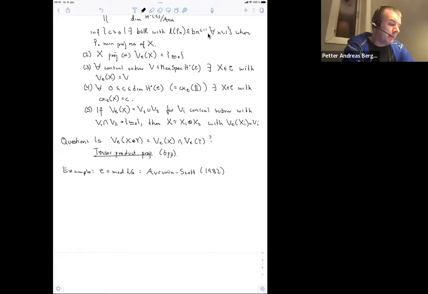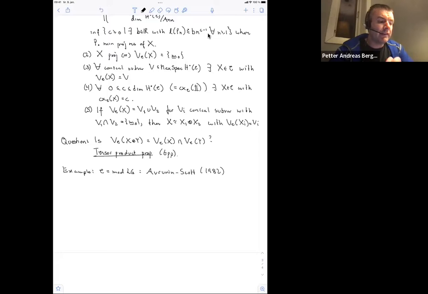So you can talk about support data in the sense of Paul Balmer, at least when C is a symmetric tensor category. What do you want to do? We want to classify the thick tensor ideals of this stable category, this tensor triangulated category.